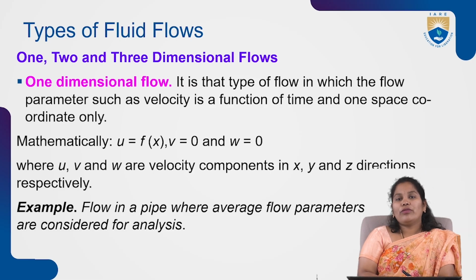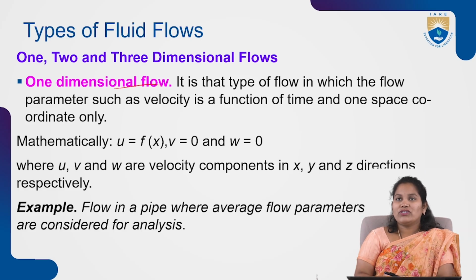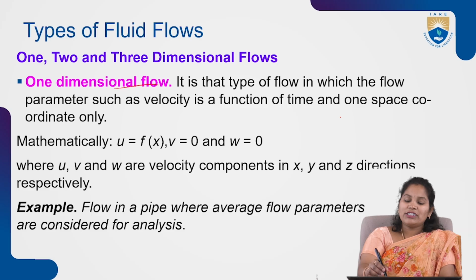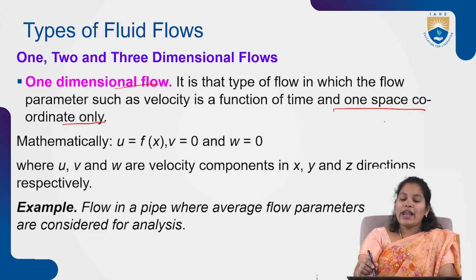Now another type of fluid flow is one dimensional, two dimensional and three dimensional flow, right? One dimensional flow, as the name itself says, means we consider the fluid parameters in only one direction, in one space coordinate. It is a type of flow in which the fluid flow parameters such as velocity are a function of time and one space coordinate only, that is x.